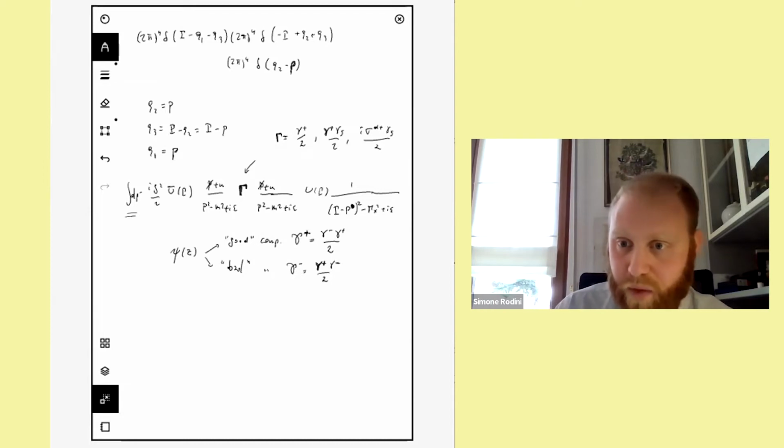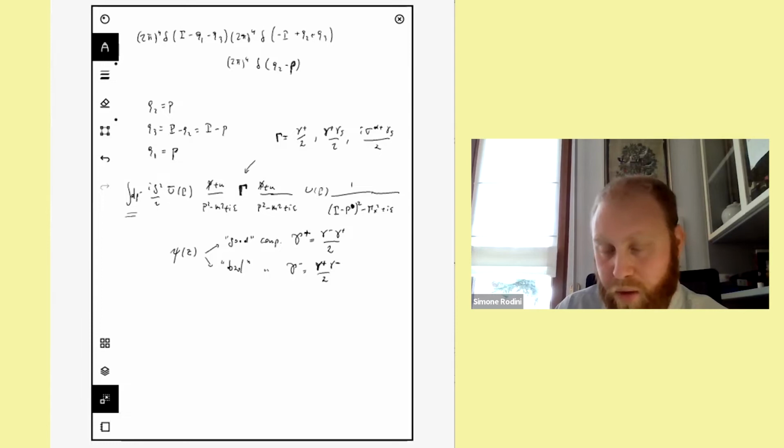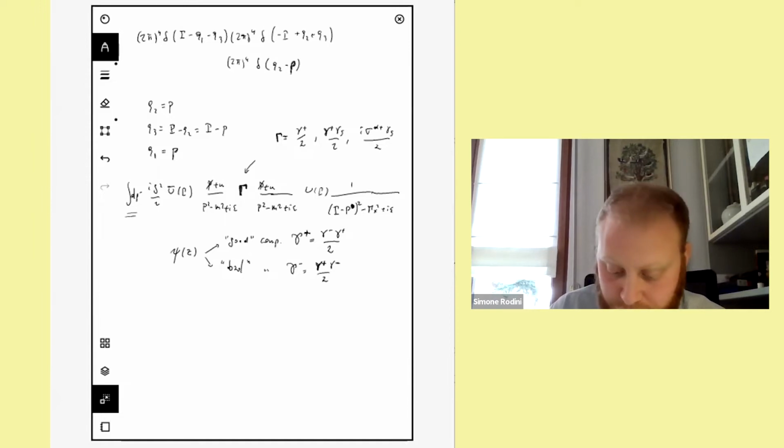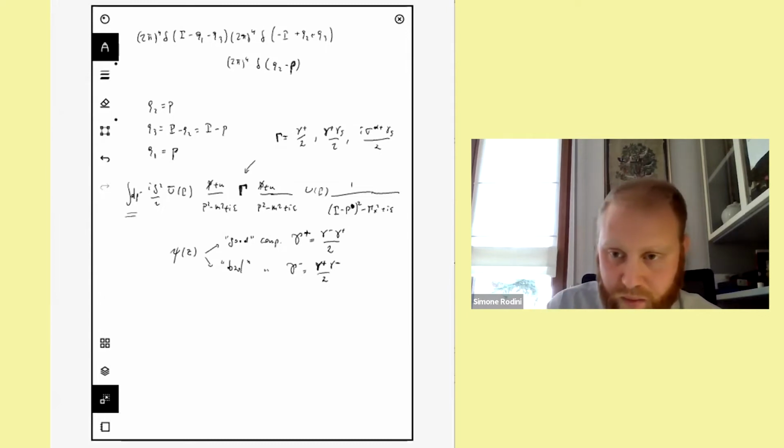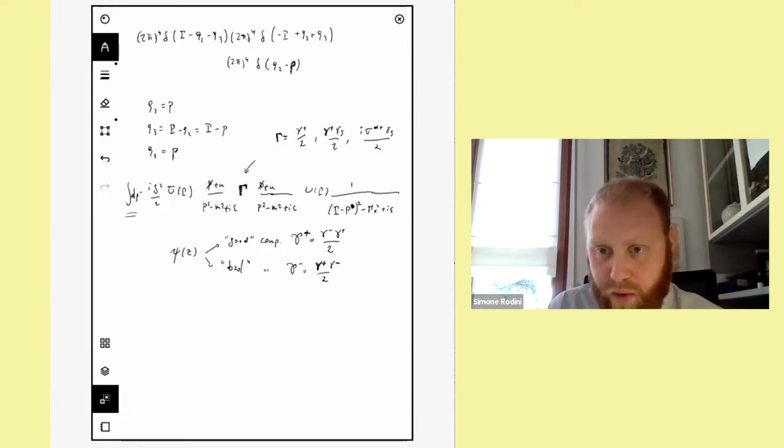The only form of quantization that singles out this dependent component is light front quantization. You quantize on the light front, so you impose your anti-commutation relations at equal light front time, which is conventionally used as z plus. You could use z minus, it doesn't really matter, it's just convention. And the bad component is dynamically constrained. So you get an equation, which is written in the document. I do not remember it off the top of my head.